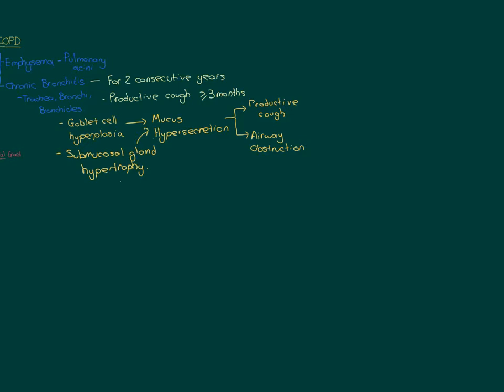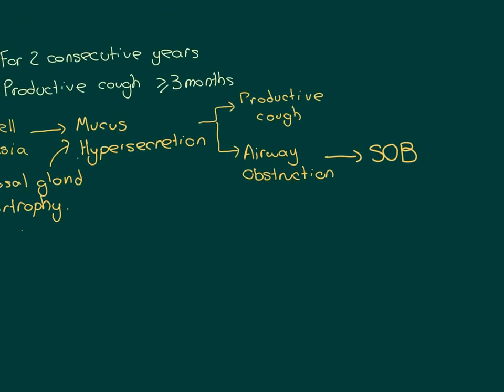So this is going to reduce gas exchange, and therefore lead to even worse shortness of breath, which will lead to the tachypnea and the dyspnea that we've seen before. So mucus hypersecretion can produce these two things, a productive cough and also smaller airway obstruction. I will just put in here that these are the smaller airways, so smaller airway obstruction there. Just push a little box around that.